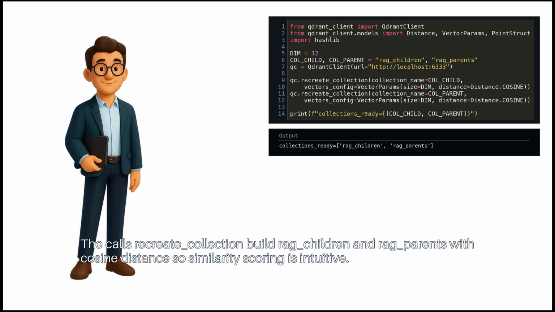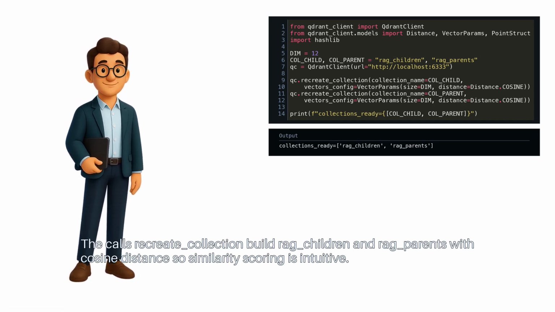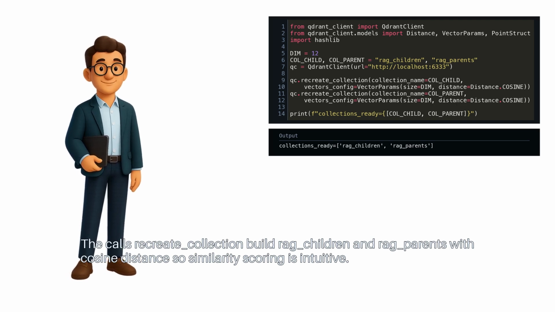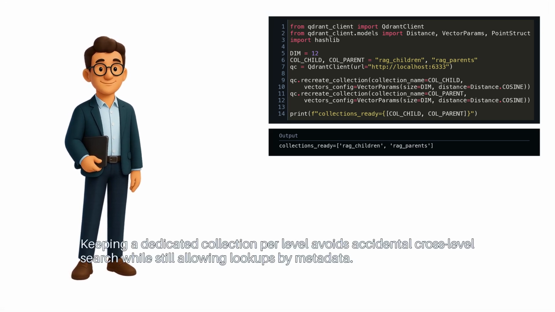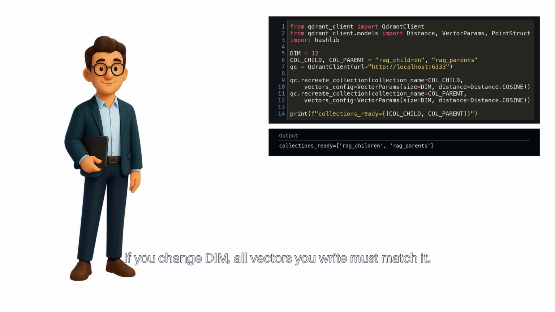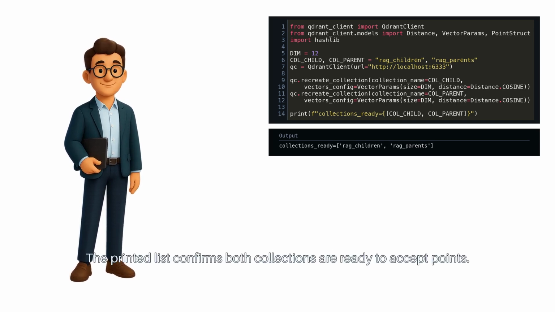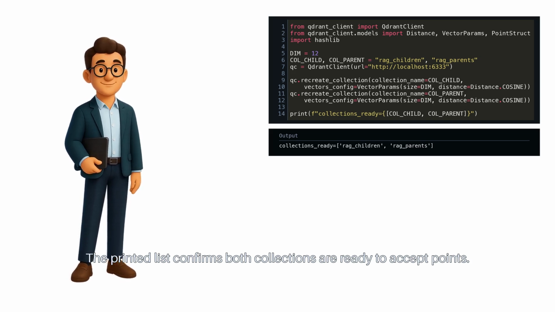The calls recreate_collection, rag_children, and rag_parents use cosine distance, so similarity scoring is intuitive. Keeping a dedicated collection per level avoids accidental cross-level search, while still allowing lookups by metadata. If you change dim, all vectors you write must match it. The printed list confirms both collections are ready to accept points.